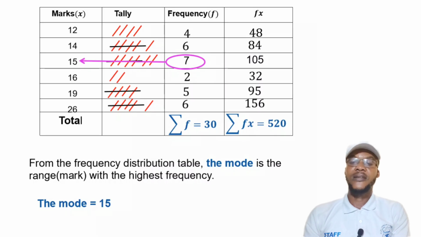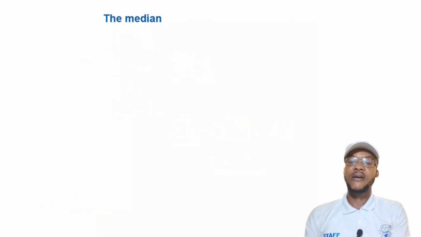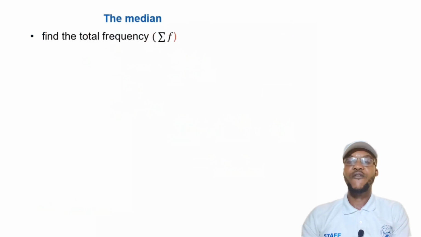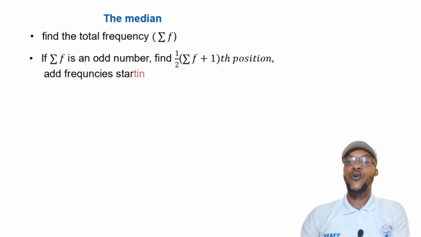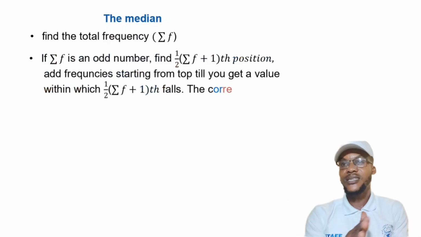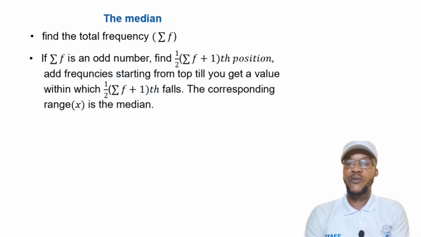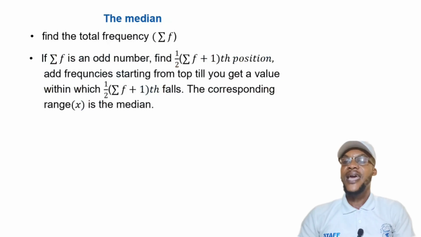If that is the case, then let's find our median. For the median from a frequency table, we have conditions as well. First you need to find the total frequency, that is sigma f. If sigma f is an odd number, which is the same as when we're doing raw data, then you find the position half of sigma f plus 1.